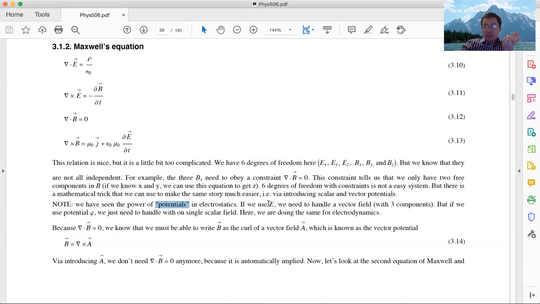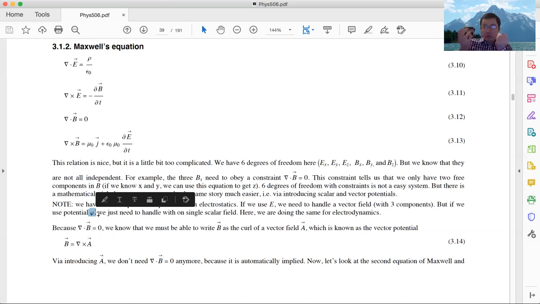In electrostatics, if we try to solve for E everywhere in our system, I need to solve 3 components, 3 functions: one for Ex, one for Ey, and one for Ez. But if we instead use the electric potential phi, it becomes a scalar problem. I just need to solve one quantity for each spatial point.